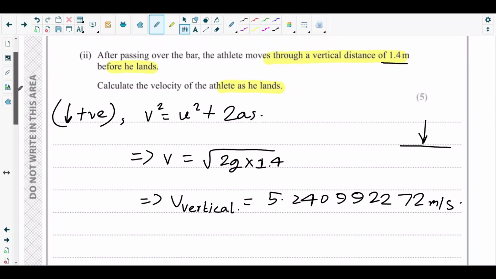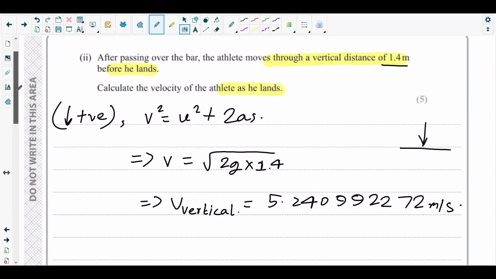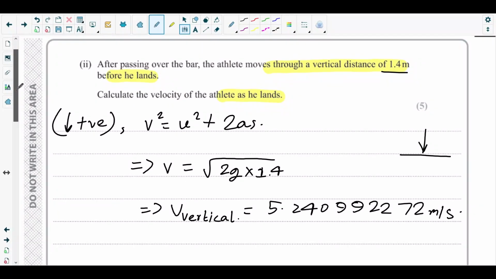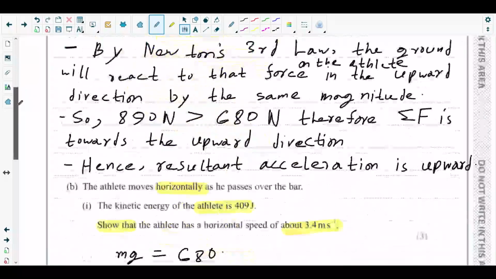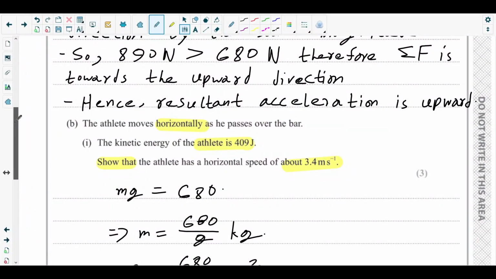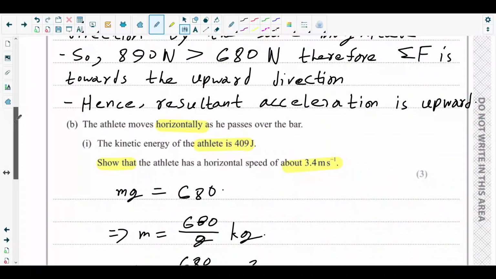This is the vertical component of final velocity, and the horizontal component we found earlier was 3.4 meter per second.